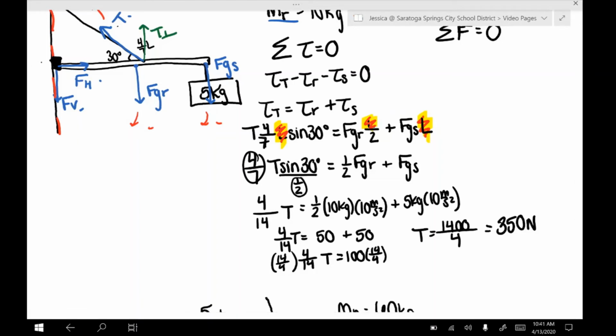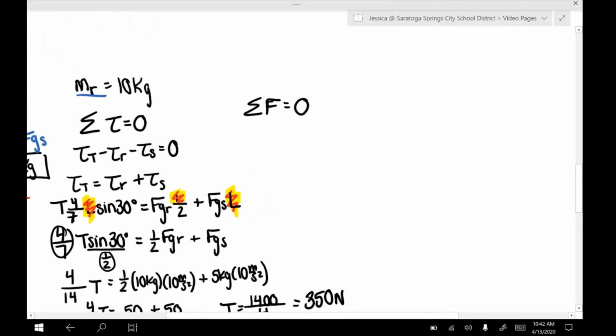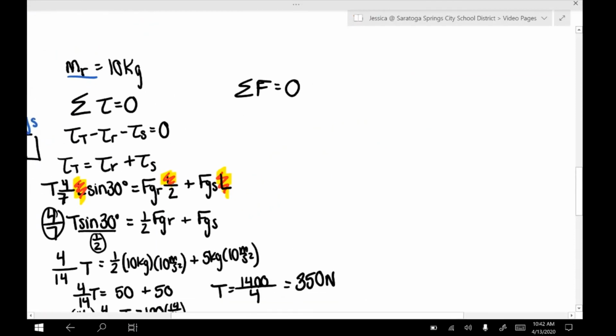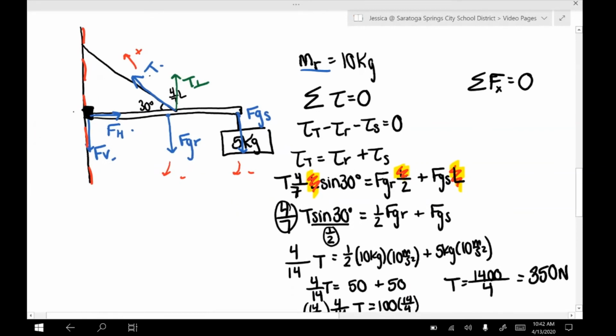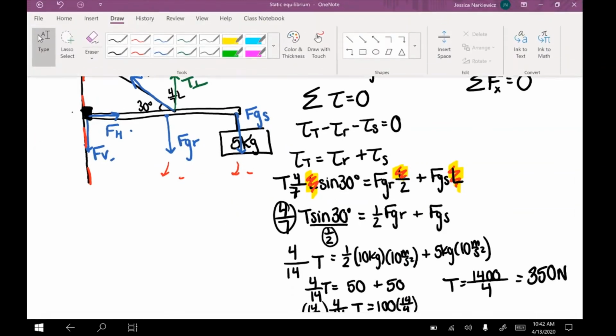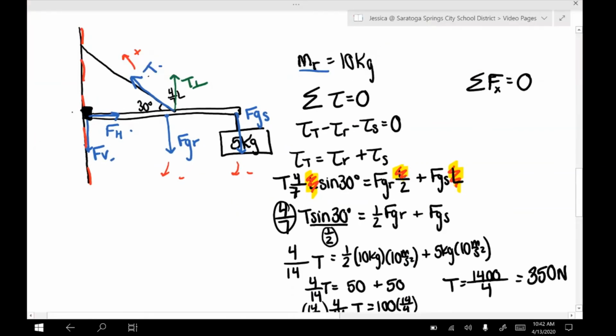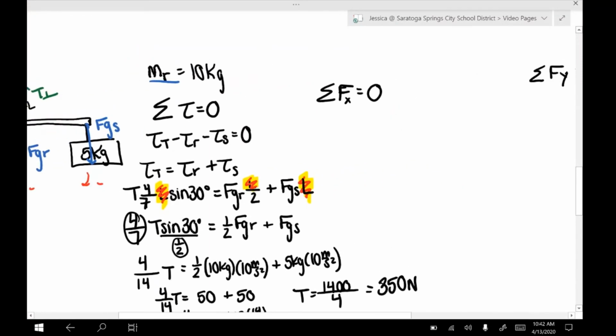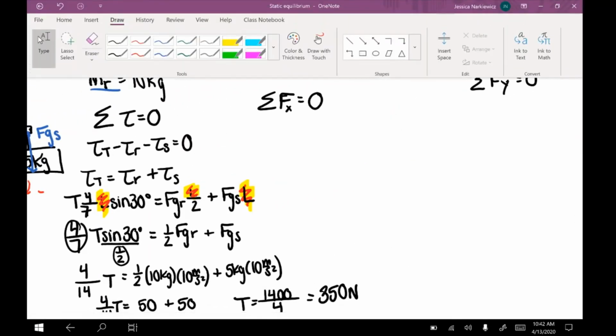Okay. All right. So then we have to figure out the horizontal and vertical forces from the hinge, and that's when we use net force equations. But I'm not just going to use one net force equation. I need one in the x direction and one in the y direction. So my x direction forces, I have the parallel component of the tension and the horizontal force from the hinge.